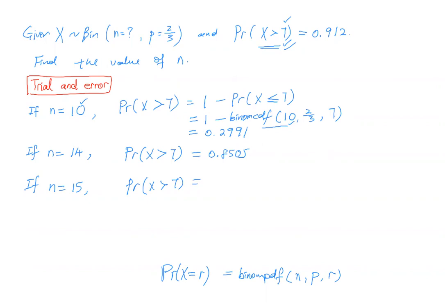I got 0.9117. Not enough. I have to try one more greater than that, because I want to see which one is closer. So I put 16. Although you know 15 works, you try 16. Then you decide which one to choose.